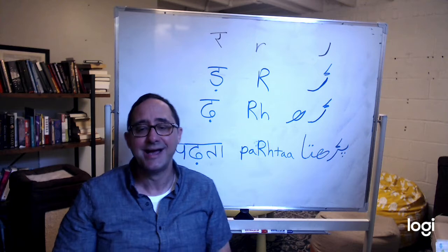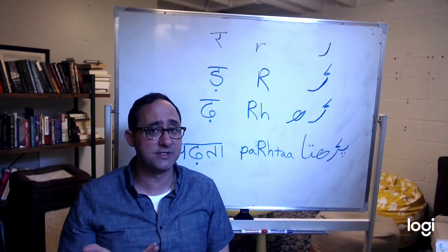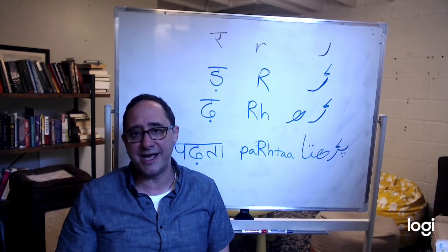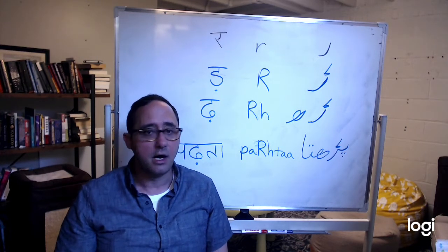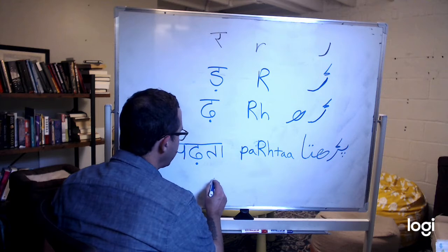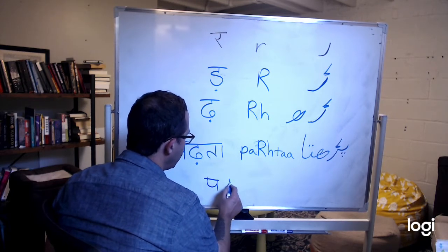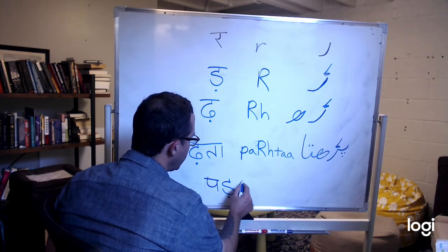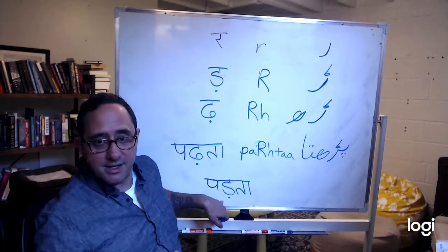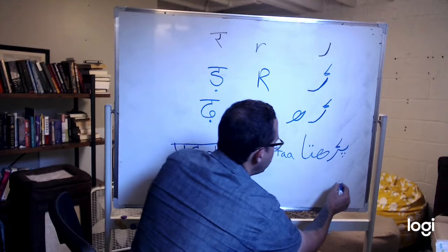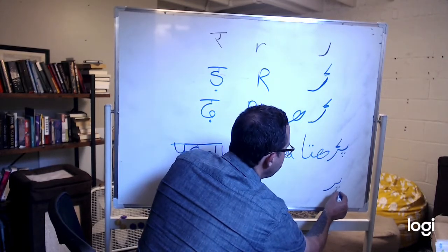And it's hard to say, and you'll have to listen to people say it. They usually don't actually go ha in it. They go parta, parta. Almost like, sounds like another word. Parta, parta, which in Urdu would look like this.